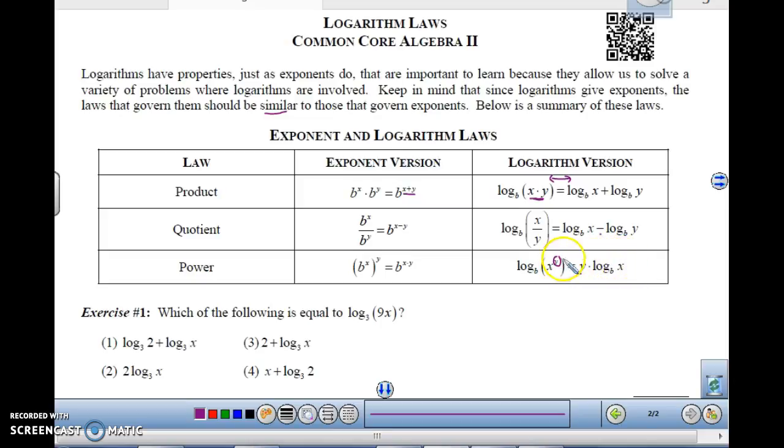Basically, the exponent goes out in front like this. So it's y times the log. All right, so remember, because logs are exponents, the rules are basically the same. When you multiply, you add. When you divide, you subtract. Power to a power, you multiply. So let's work out some problems that deal with the logarithm laws.